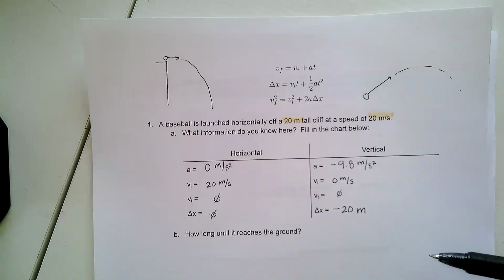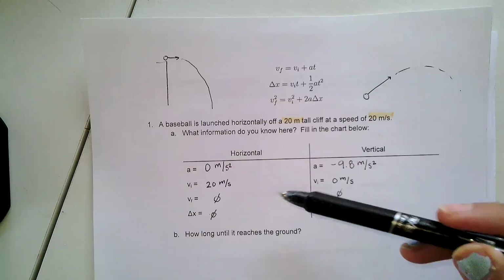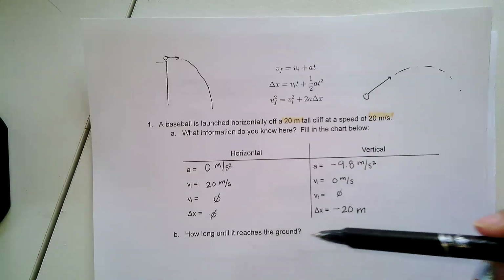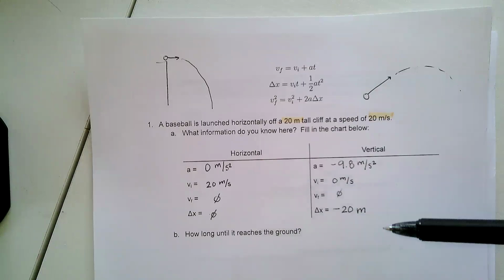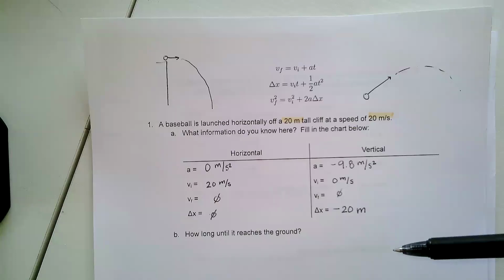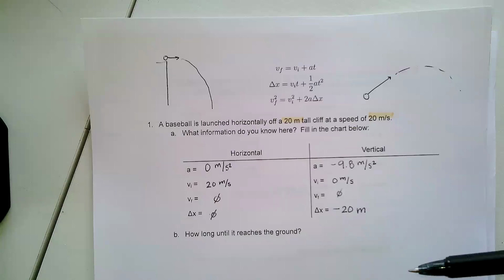Then on each subsequent problem, we're going to ask ourselves, is this a horizontal question or a vertical question? And then we're going to use only the horizontal information or only the vertical information to solve it. The secret to understanding whether it's horizontal or vertical is that it's almost always a vertical question unless the word horizontal is in the question itself.